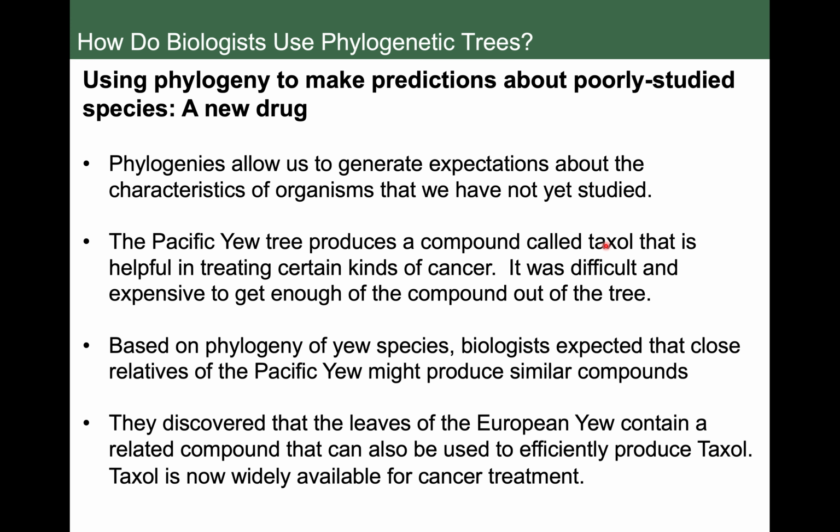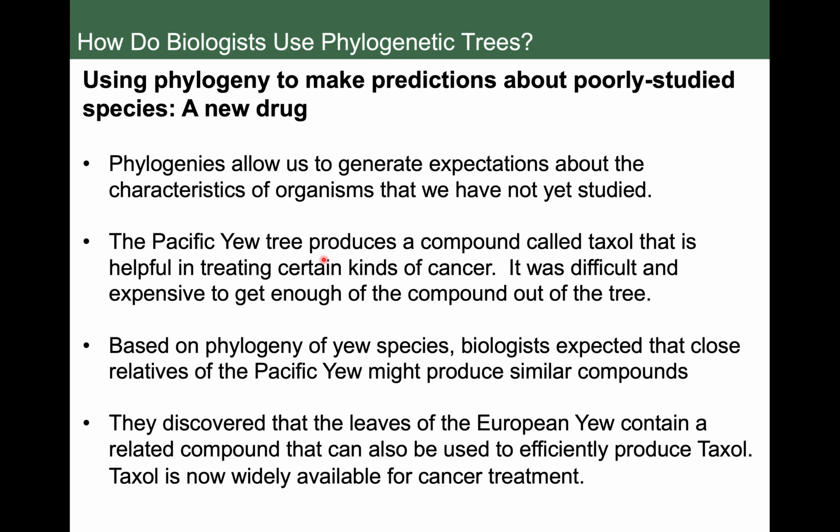It's a pretty, as I said, widely used and very helpful chemotherapy drug. But because there's not a lot of Pacific yew trees around, right, it was pretty difficult to get, making it very expensive. And originally, researchers were having trouble synthesizing Taxol in the lab from many of the compounds they were getting out of Pacific yew trees.